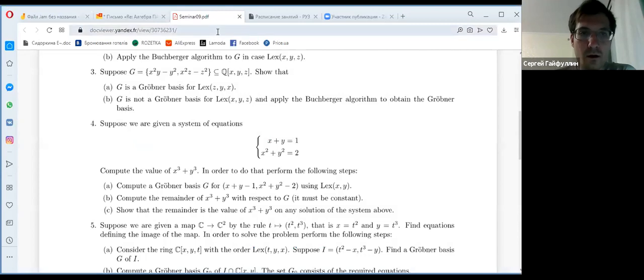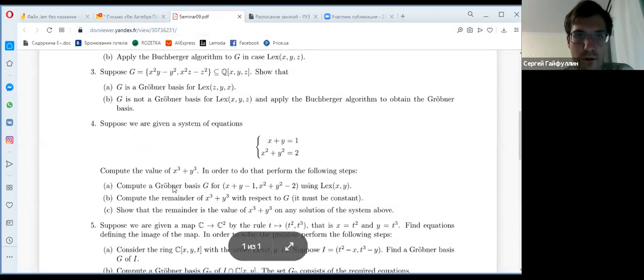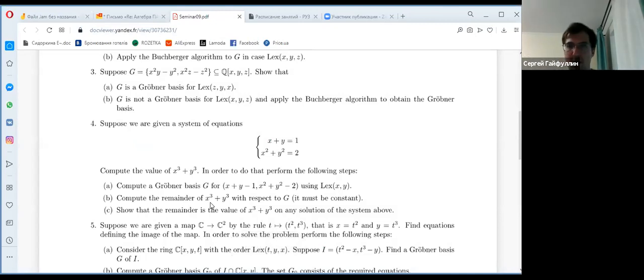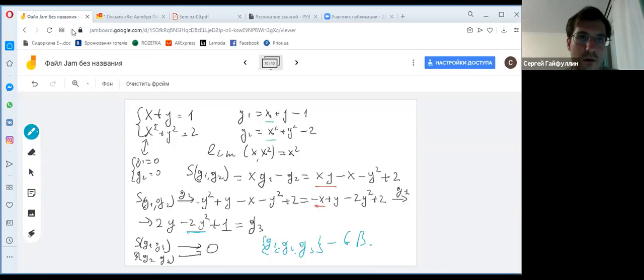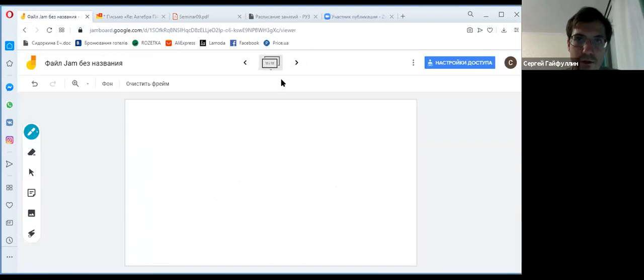Okay, the point B. We compute the remainder of x squared plus y squared with respect to g. Okay, let us do it. We have a polynomial f, x squared plus y squared.